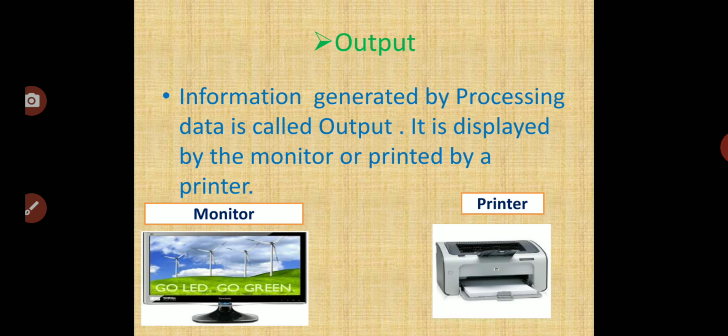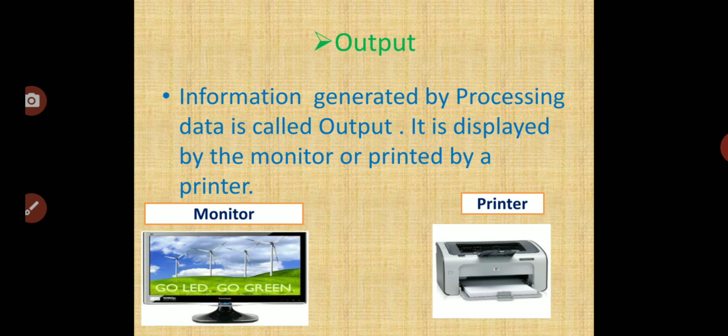Next, output. Information generated by processing data is called output. It is displayed by the monitor or printed by a printer. Information means, we take the example with the help of keyboard. You press A, that is known as an input. Then the A you press goes to the CPU box, that is known as processing.